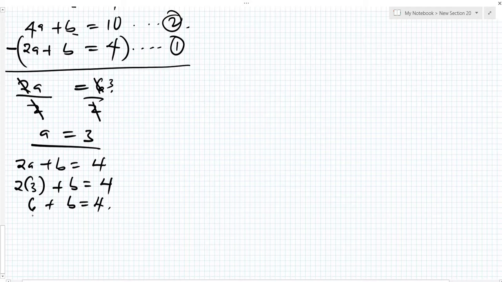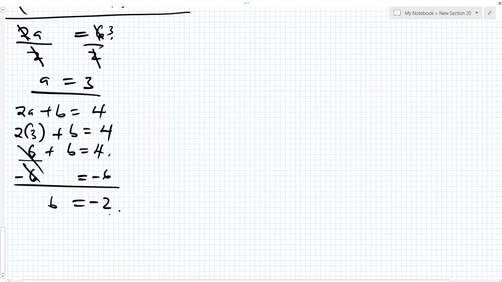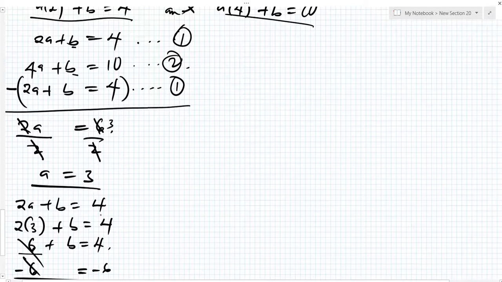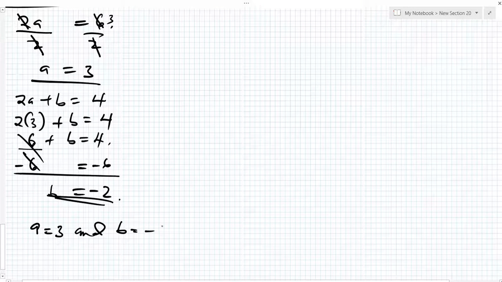Now to eliminate this 6 from the left hand side, you add minus 6 to both sides. So this will cancel out this. You are left with b on the left hand side. This one will now be 4 minus 6, which is minus 2. So b is equal to minus 2.